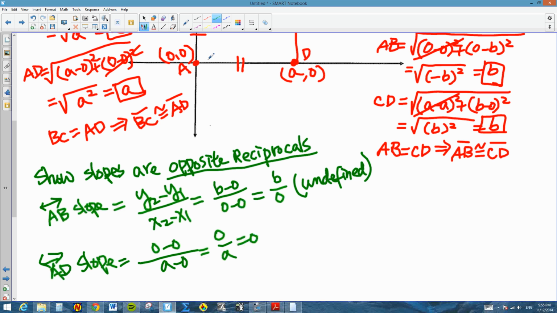Undefined. If one angle is 90 degrees, all angles must be 90 degrees. So since the slope b over 0 is undefined, and you can see this is 0 over b, they are opposite reciprocals.